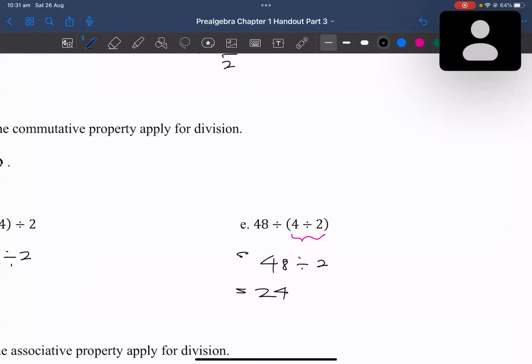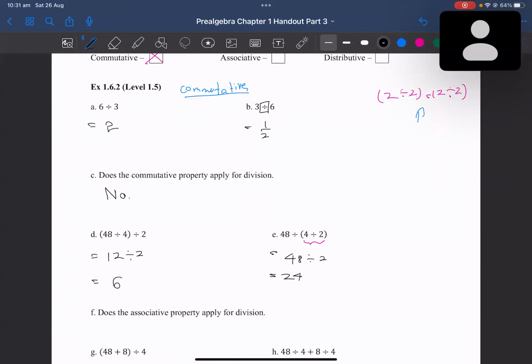It's clearly not 6. What does that tell us? Does the associative property work or not? If it worked, the answer would be the same. It doesn't work. We got 6 and 24, two different numbers. So it does matter which division you do.